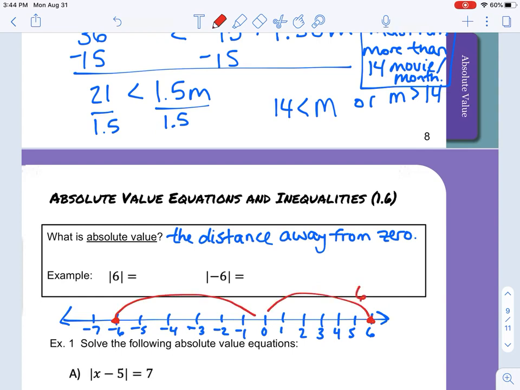And you'll see that both of them are actually positive 6 units away, because distance is always positive. So our absolute value symbols, these up and down lines, just mean that whatever is inside of them, after you have reduced within the absolute values, becomes positive.